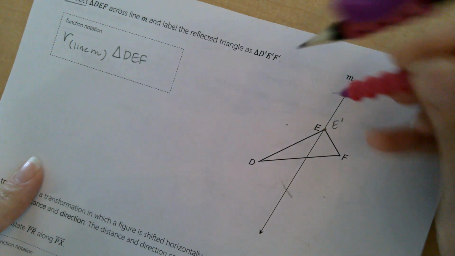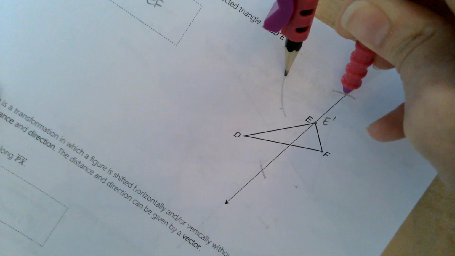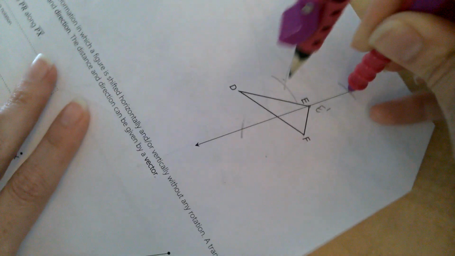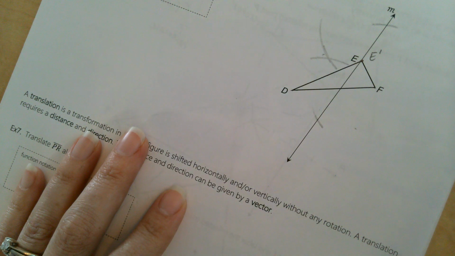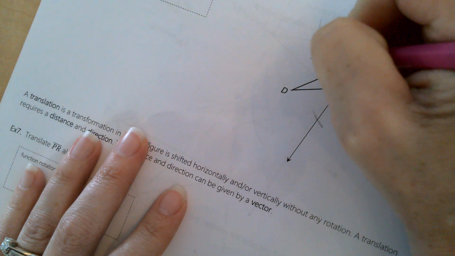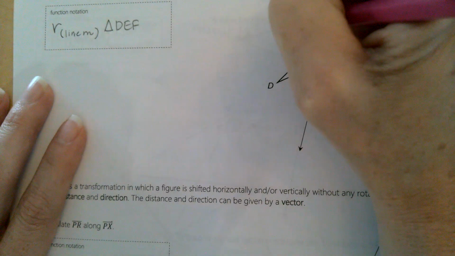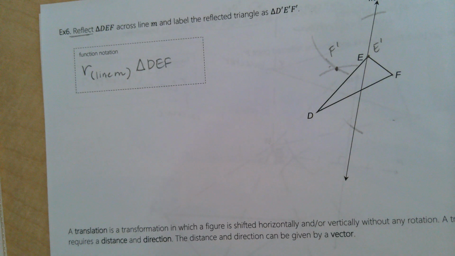It stays the same, and you go from the intersections and make another arc. And then the other intersection, make an arc. I'm going to make this one a little bit longer. Okay, and where that is intersecting, that's where F prime is going to be. So don't forget to label it F prime.